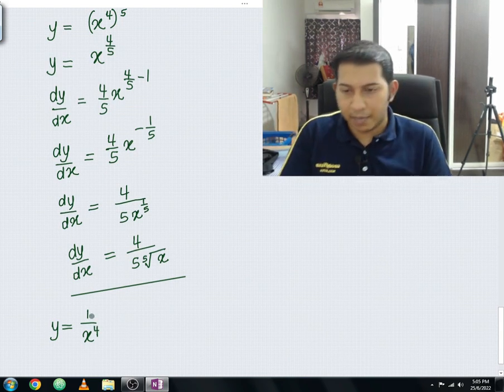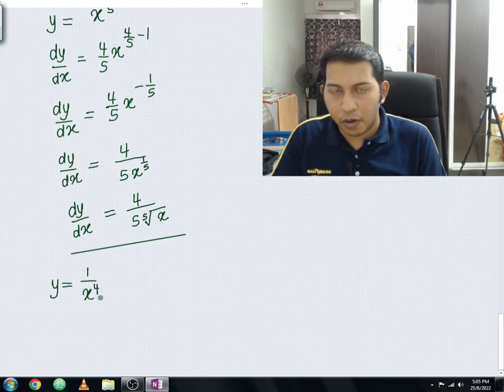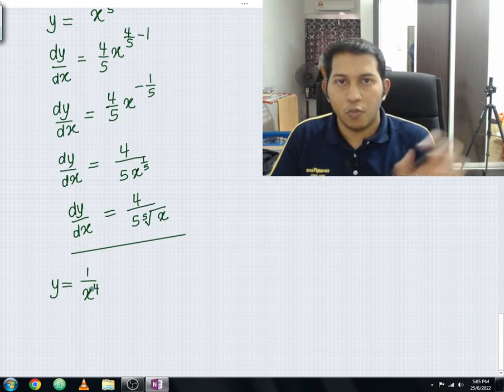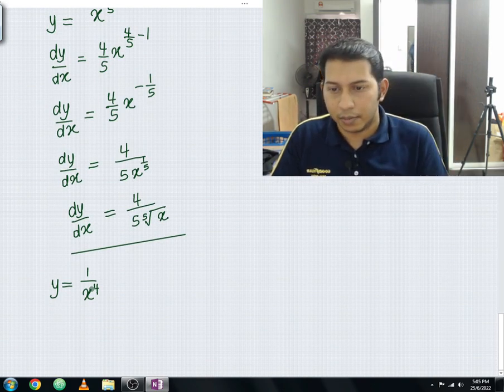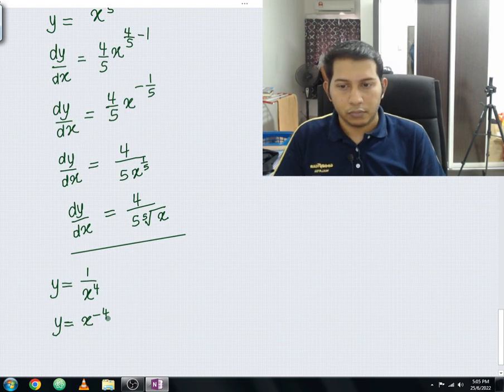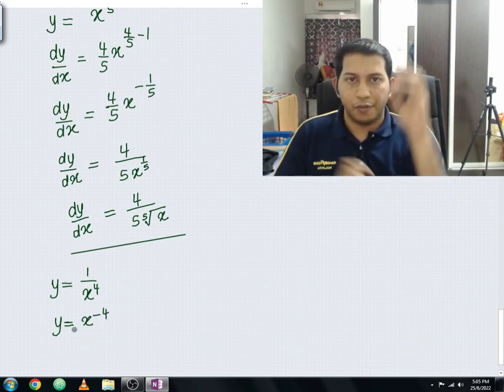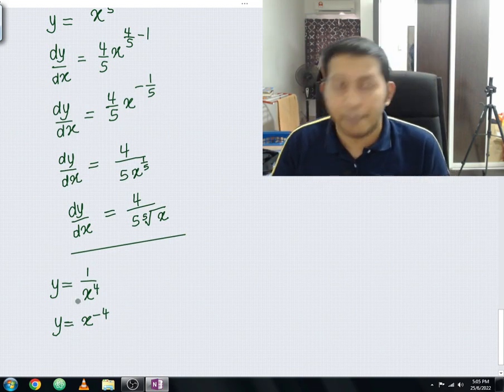First step is, the x to the power of 4 from the denominator you move to the top, which is the numerator. So from here y equals to x to the power of negative 4. Because we want to change the format into the formula that we can apply.